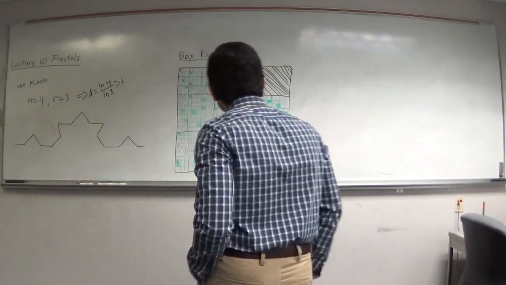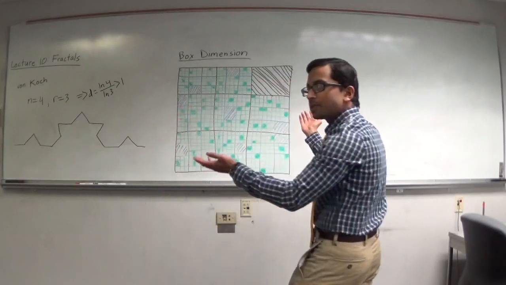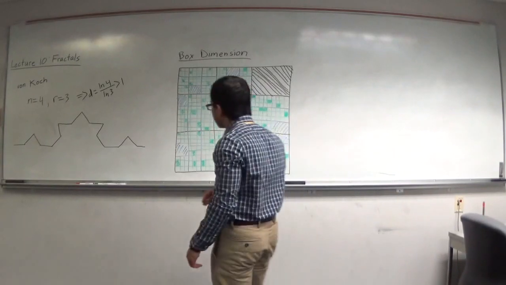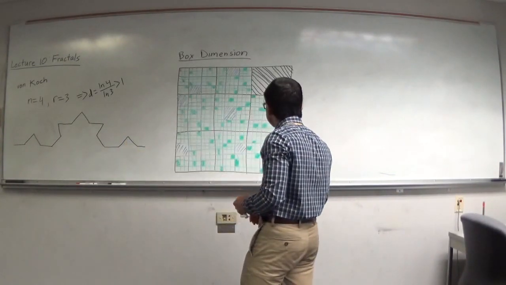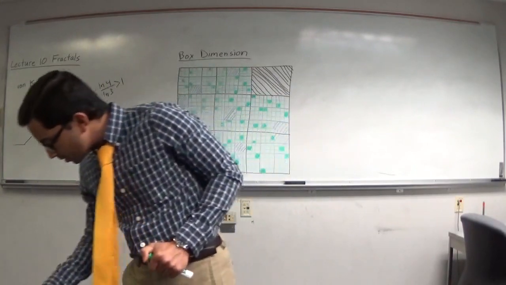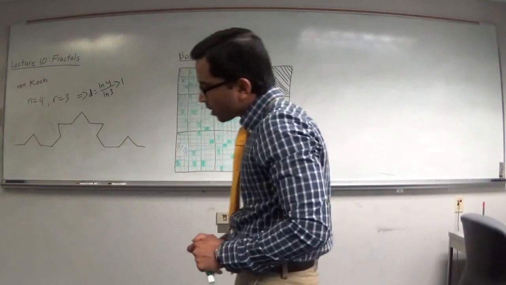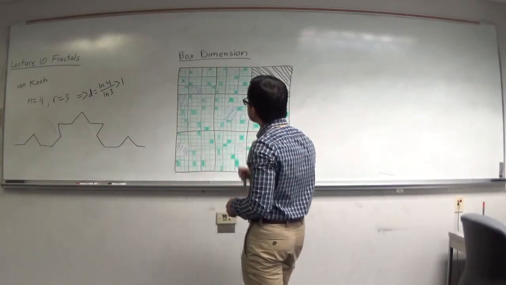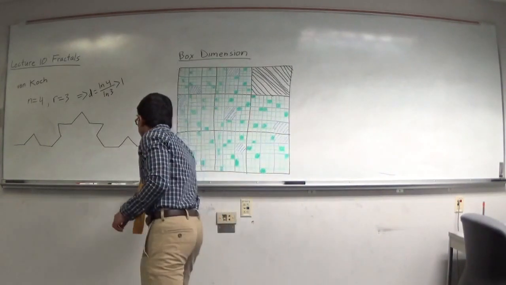So here, if we want to use the box dimension, we can cover the entire set with boxes of size epsilon. So let's think of S0. We can cover these with boxes of size epsilon, and this is what the dimension is going to look like.